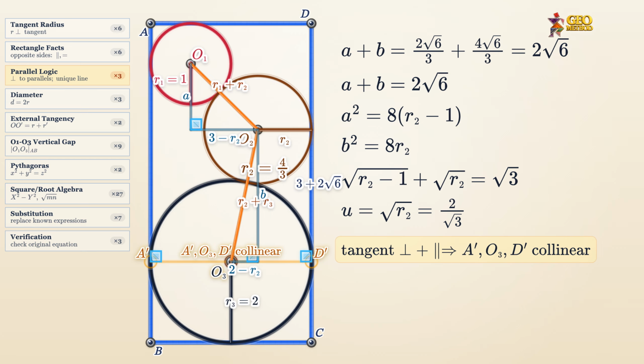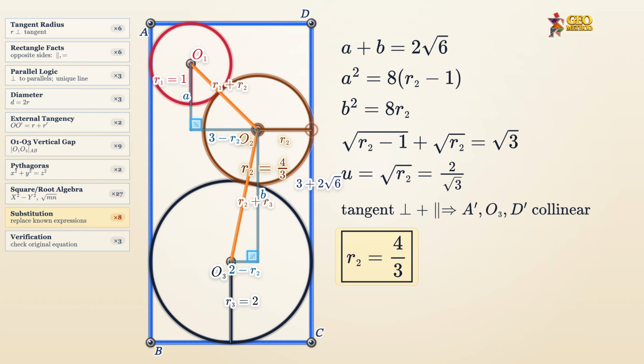Before we close, notice the style of the proof. Even the collinearity of A prime, O₃, and D prime was derived from smaller facts: tangent radius perpendicular, rectangle sides parallel, and uniqueness of a line through a point. That is the theorem tree. It is how geometry becomes a system, not just a picture.